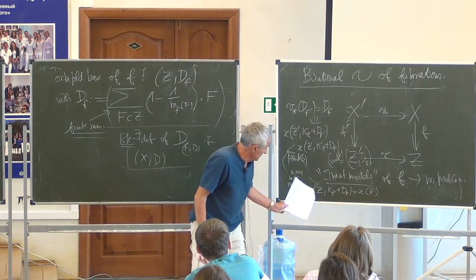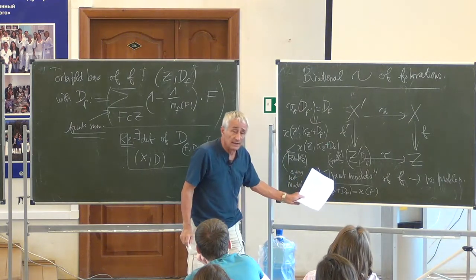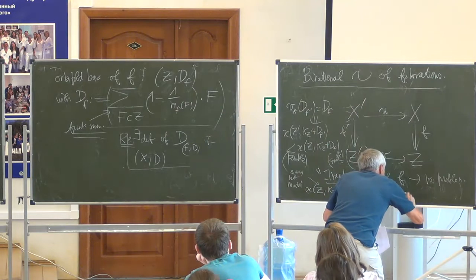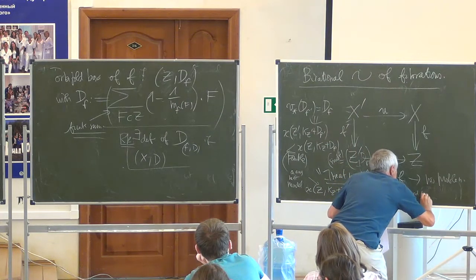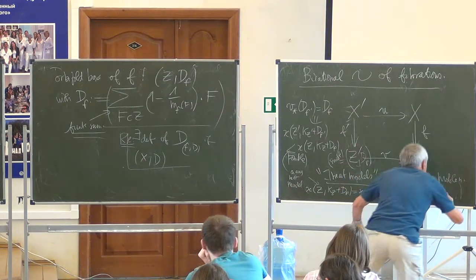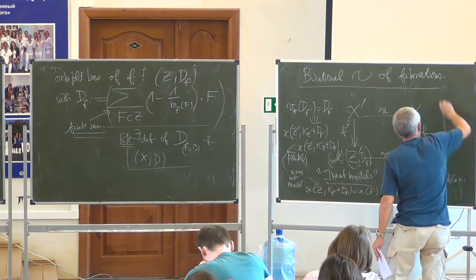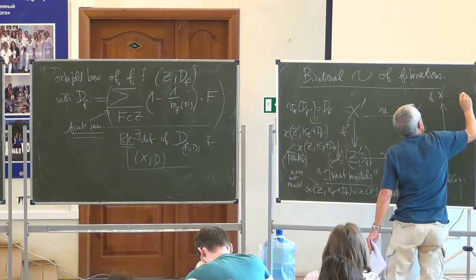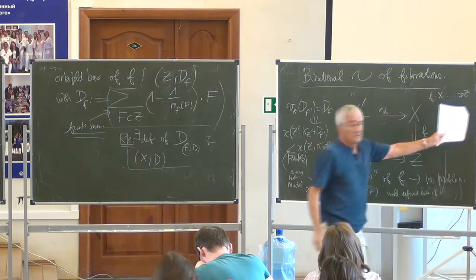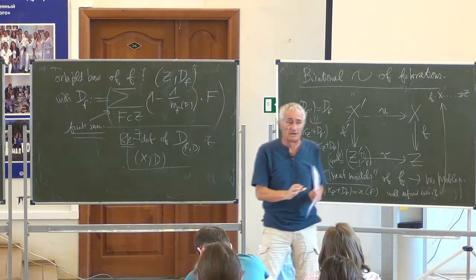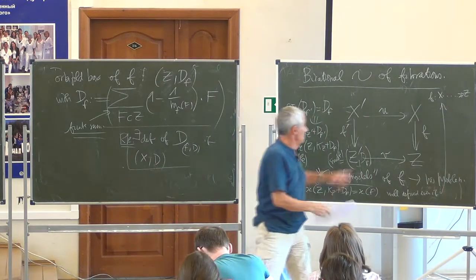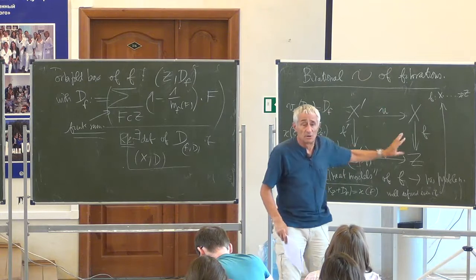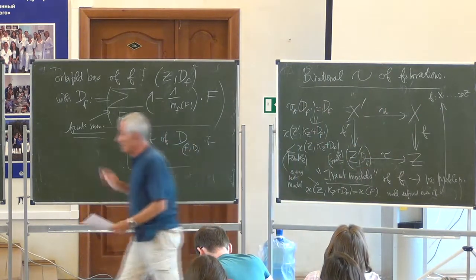And I would like also to mention that this is well-defined even if F is just a rational fibration of something. You have to blow up X, make it regular, and then take a neat model, and this will be what I mean.